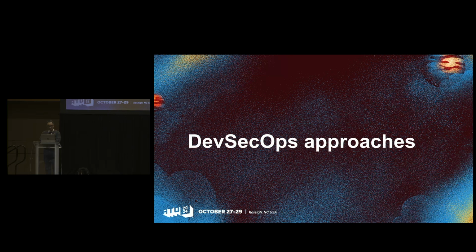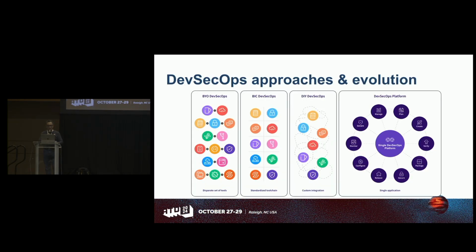Very good. So let's switch topics now to what the different approaches are within an organization. Now, the bring your own DevSecOps is what I mentioned before. This is just a collection of different tools. This is the problem that I described earlier.